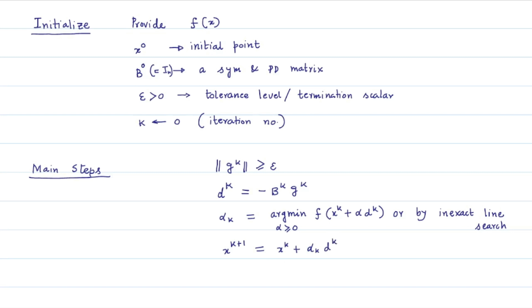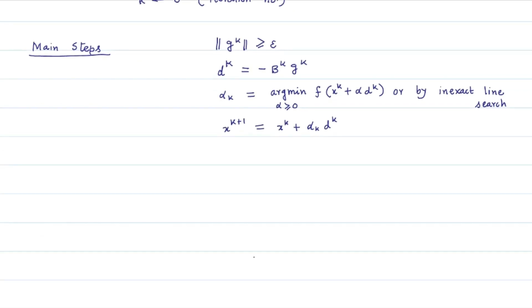Then for the next iterate, the matrix B_{k+1} has to be computed, for which we will require the vectors s_k and y_k, where s_k is given by x_{k+1} minus x_k and y_k is given by the gradient at x_{k+1} minus the gradient at x_k. Then we compute this B_{k+1} by the DFP update.